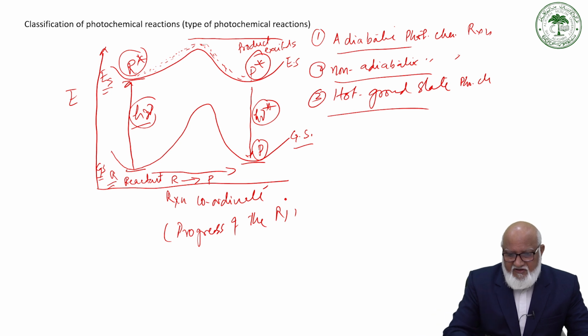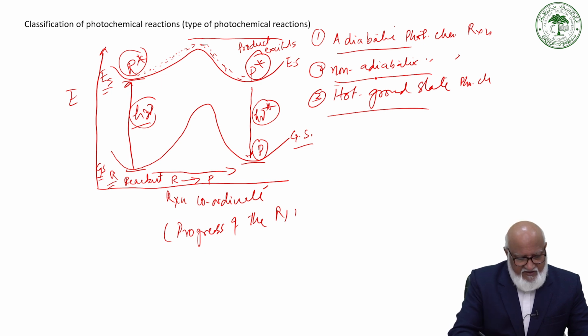Now the next representation is what we call a non-adiabatic or diabatic photochemical reaction. We can represent this in the same way, and then slightly different. So I will just remove this.